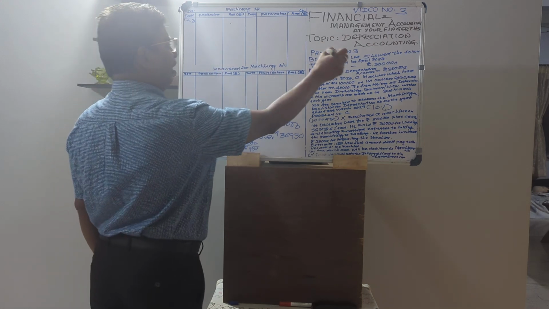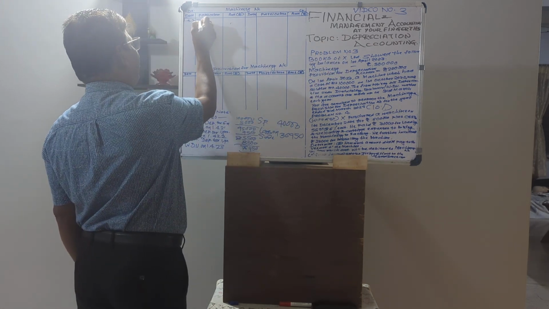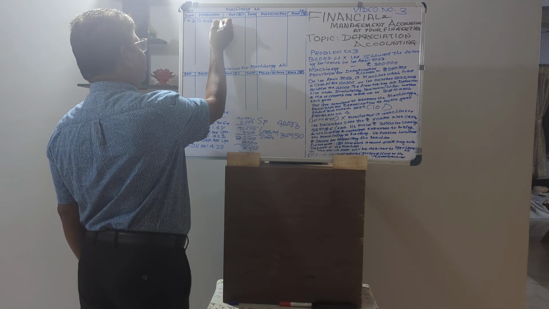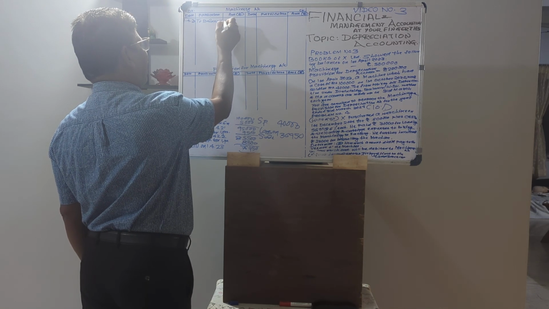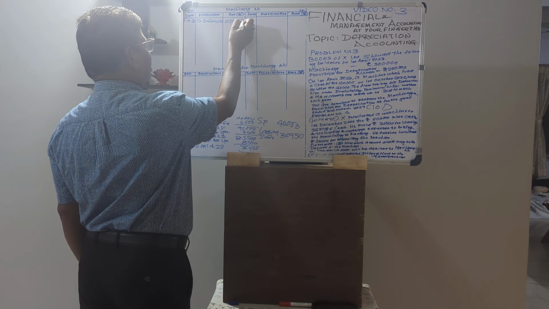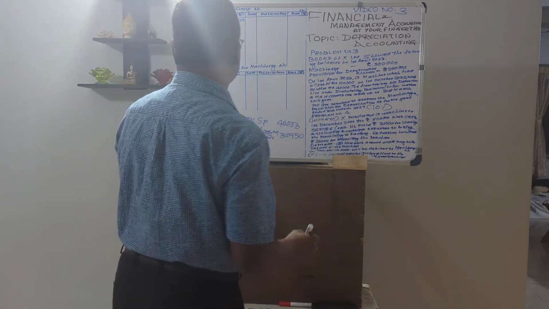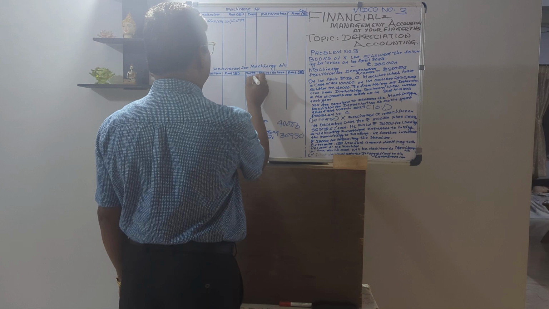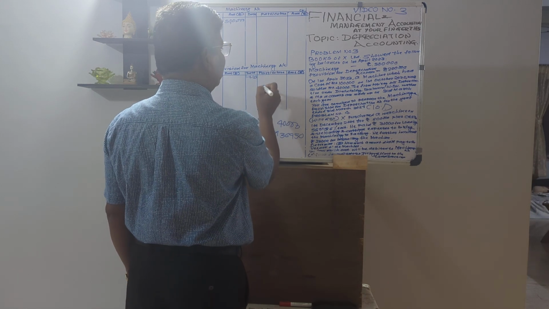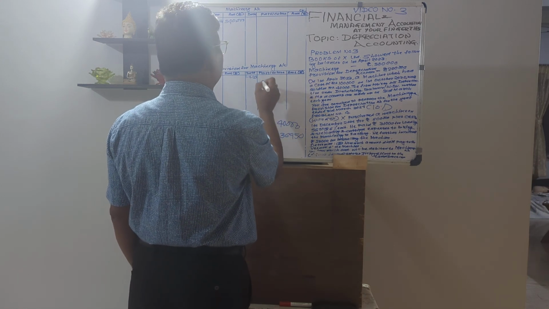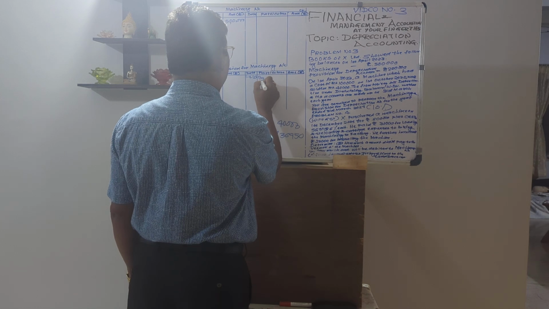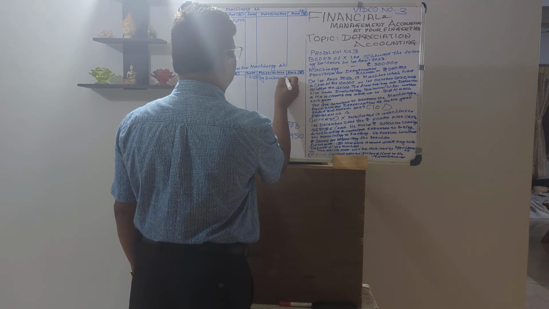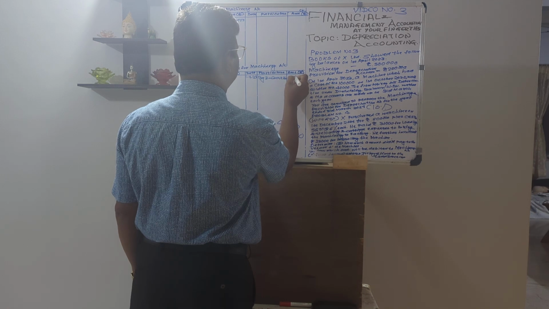The asset opening balance is 5 lakh. So write by balance brought down, this is 5 lakhs. Then provision for depreciation, it is a credit balance. So on 1st April 23, the accumulated provision for depreciation is 2 lakh. So write by balance brought down, the amount is 2 lakhs.